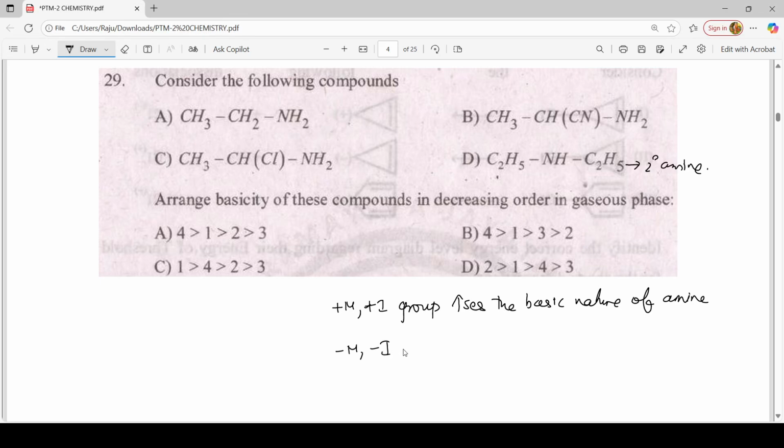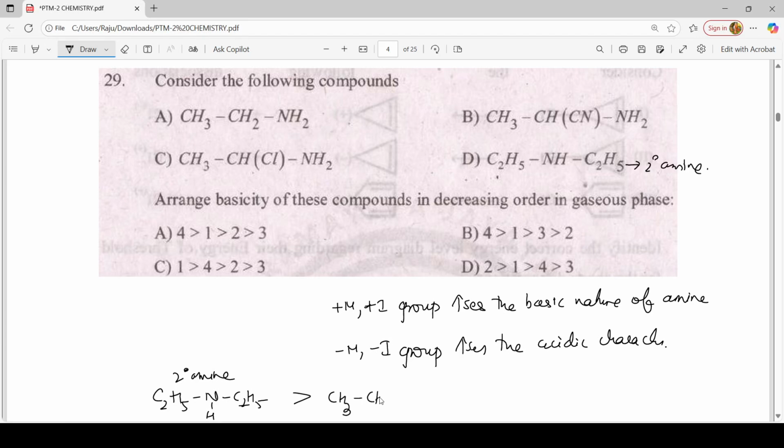Minus M and minus I groups increase the acidic character. So here, just take this secondary amine. The secondary amine is more basic than the primary amine.